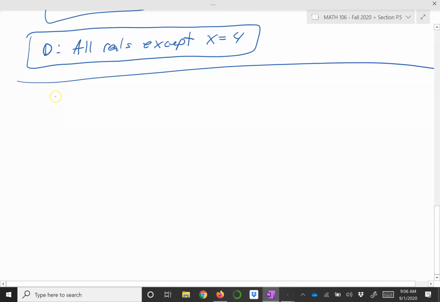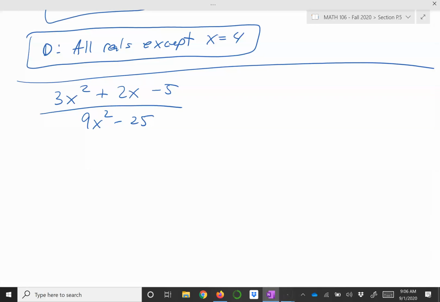All right, one last example here, and there's a reason I'm doing this one. 3x squared plus 2x minus 5 all over 9x squared minus 25. So, let's go through the process.